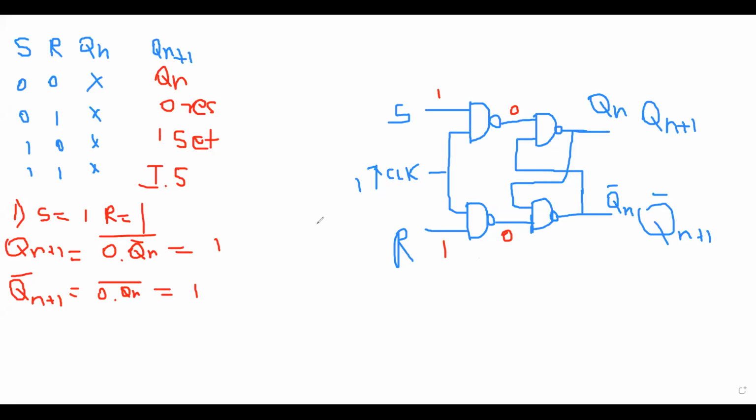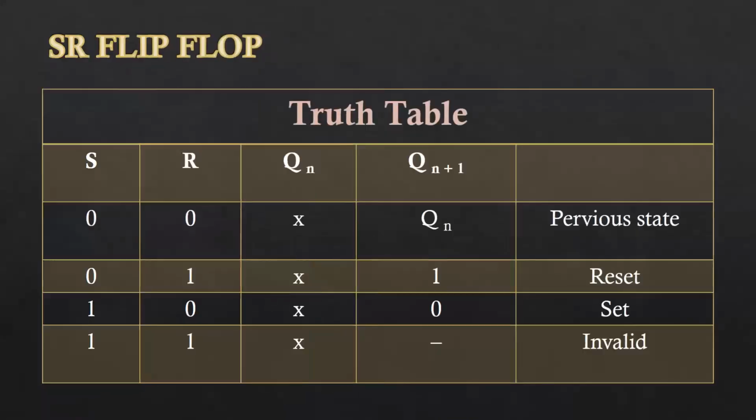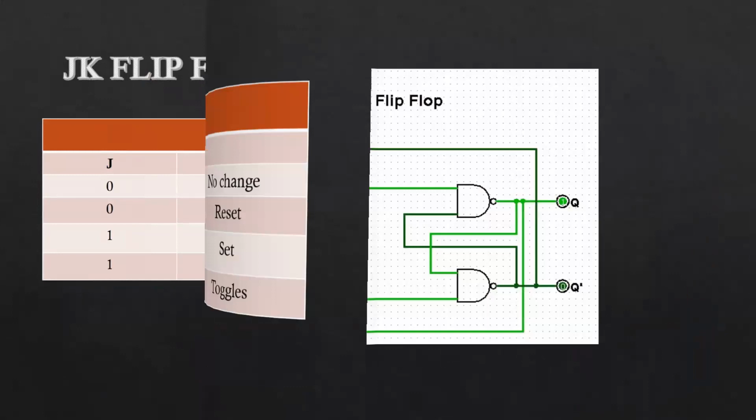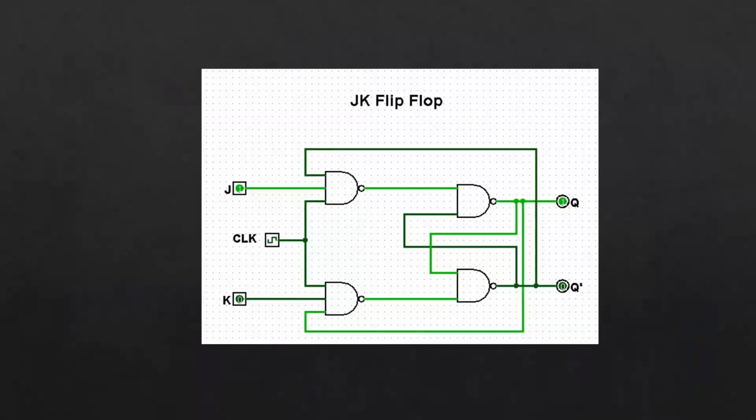Now I'm going to see about the JK flip-flop. The JK flip-flop is the solution for the SR flip-flop because in the SR flip-flop there was an undefined state, and that is a waste.